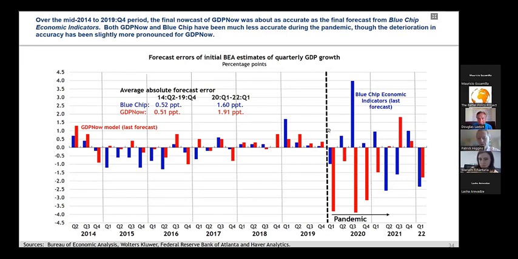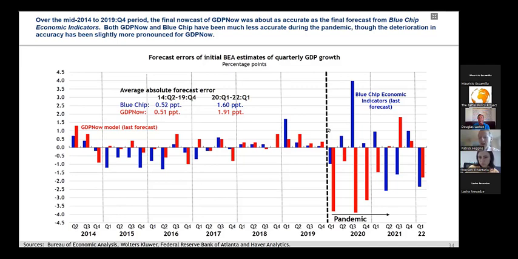And so you can see some of these bars are actually, they're all bigger essentially after the recession, after the pandemic. For Blue Chip, I think I put the average absolute error there. And they've both gone up quite a bit, GDPNow and Blue Chip. Maybe they're a little smaller at the end of the series, but they're not as small as they were in the 3 years prior to the pandemic, either Blue Chip or GDPNow.